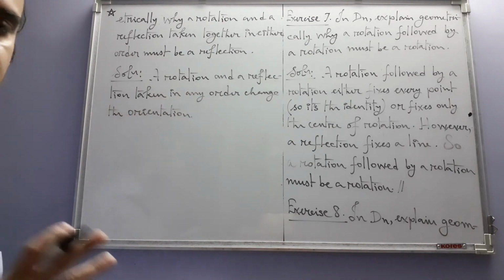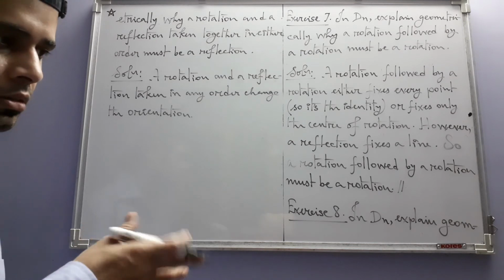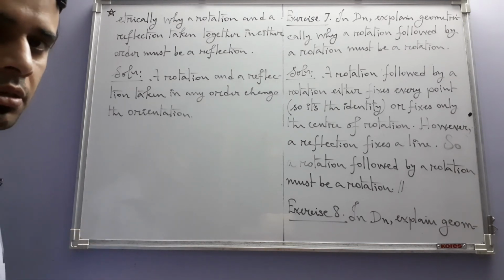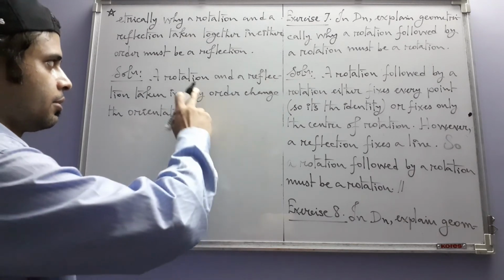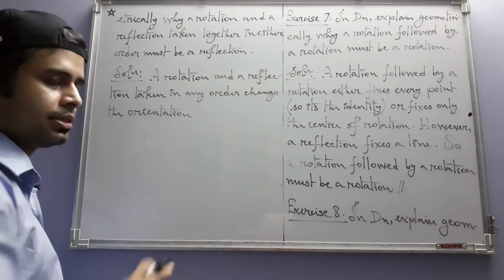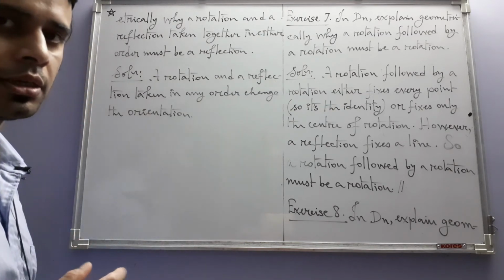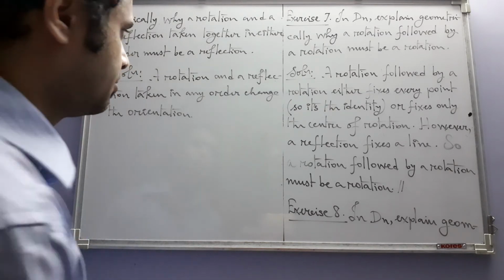A rotation does not change the orientation, it keeps the orientation of the figure. However, a reflection does change the orientation. So ultimately, any order you apply these two operations, you are going to change the orientation of the inscribed polygon.